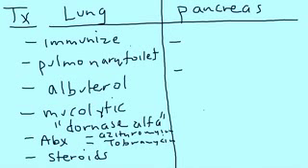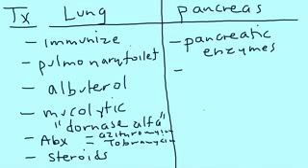Now let's get to the pancreas. Well, remember we said that the pancreatic enzymes that are normally secreted are not reaching the intestine properly. So you need to give pancreatic enzymes as a supplement to the child, and they're given as capsules, and the person with cystic fibrosis takes these with meals and snacks.